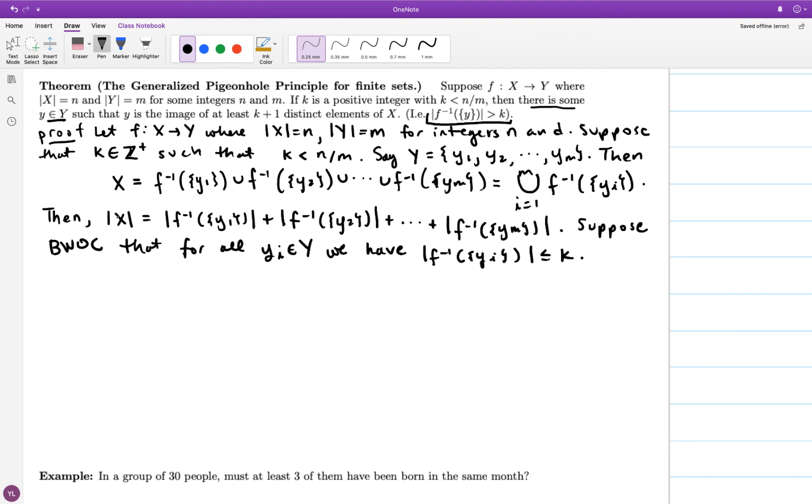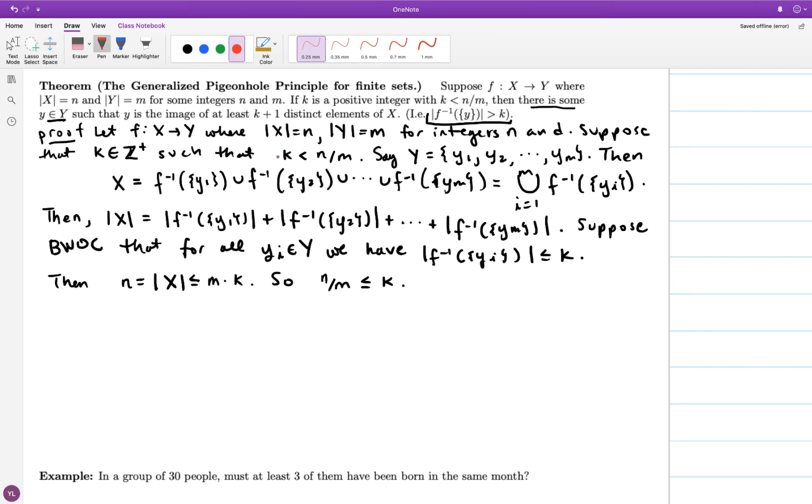Well, let's see what kind of math I have then. On one hand, I have that the cardinality of X is n. And on the other hand, I have each of these inverse image sets being bounded by the number k. So I can bound the sum right here. How many terms are in the sum? Well, there's m, 1, 2, all the way up to m. So this is less than or equal to m times k. So what I have is that n over m is less than or equal to k.